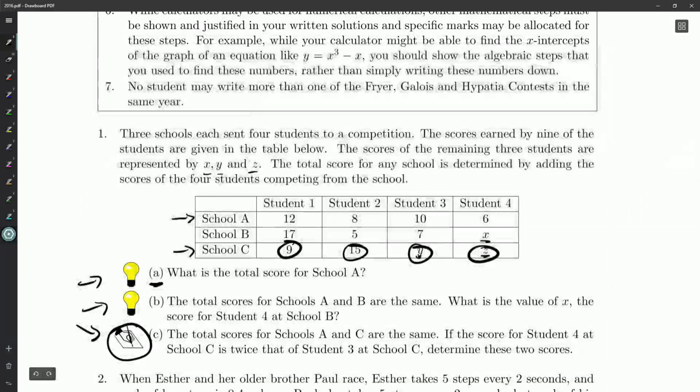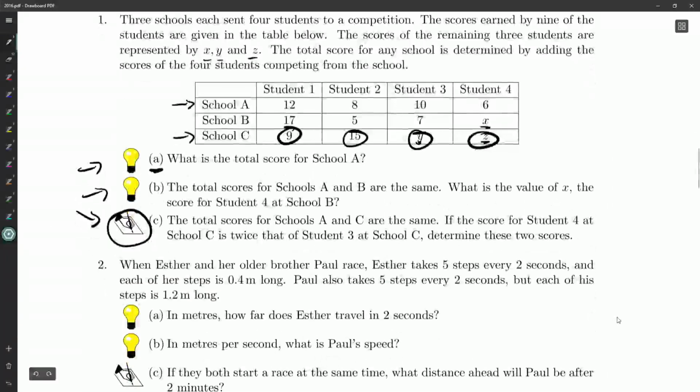Now, B. The scores for schools A and B are the same. Well, we just worked out the score for school A, so we know school B also scored 36 points. What is the value of X?